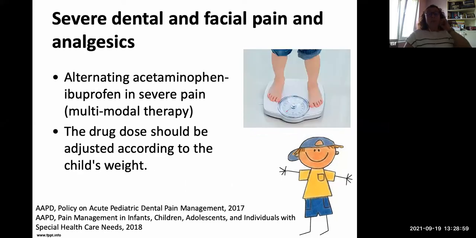In some resistant cases, in severe pain patients, we prefer multimodal therapy, which means you may alternate acetaminophen or ibuprofen regularly at 4 to 6 hour intervals. And the drug dose should be adjusted according to the child's weight.